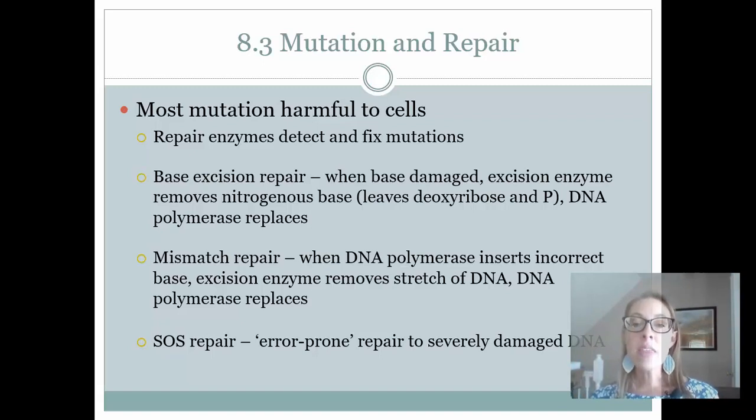So when things go really wrong, oftentimes this is when bacterial cells are running out of nutrients in their environment, energy supplies are low within their cell, DNA polymerase just gets sloppy. It doesn't have the right amount of energy that it needs. Sometimes it doesn't have all of the nucleotides that it's going to need to do this base pairing. And so sometimes it begins to screw things up really bad.